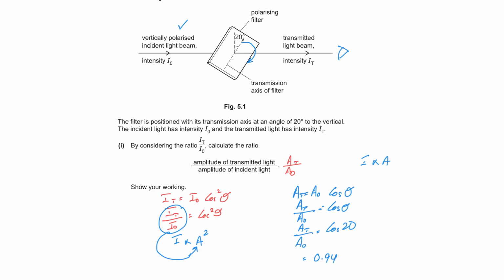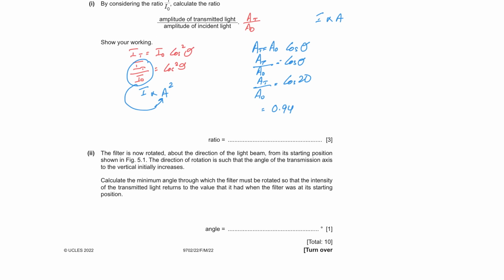But this time around, the transmission axis would be at 20 degrees over here at the bottom. So if this is 20, this is 20, and this entire thing is 180 degrees, I'll have to rotate it by an angle of 140 degrees so that I end up at the same place.